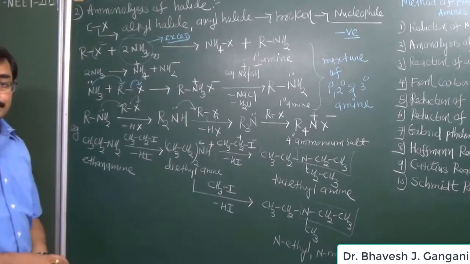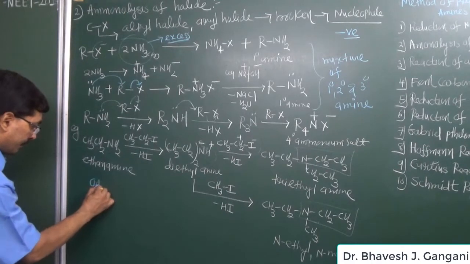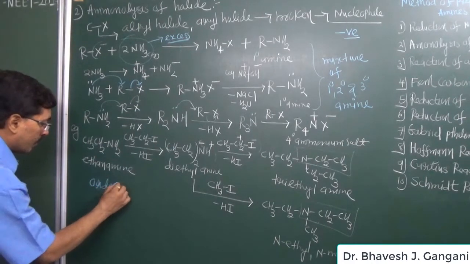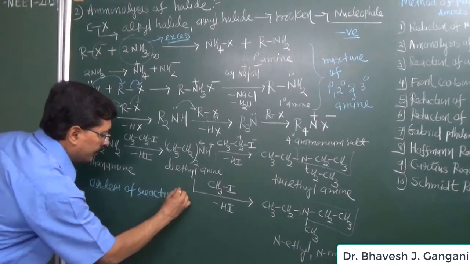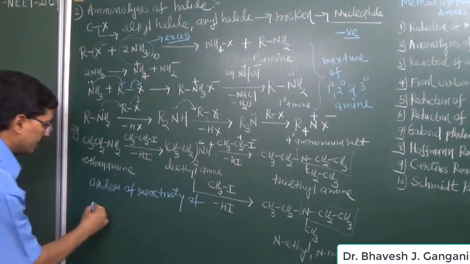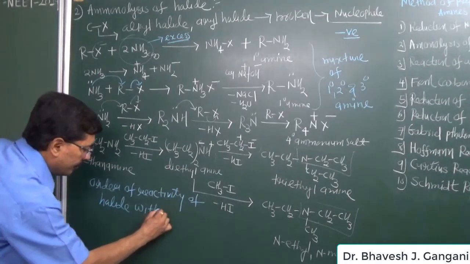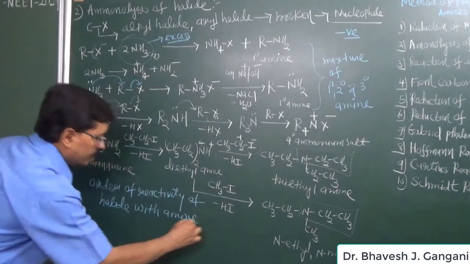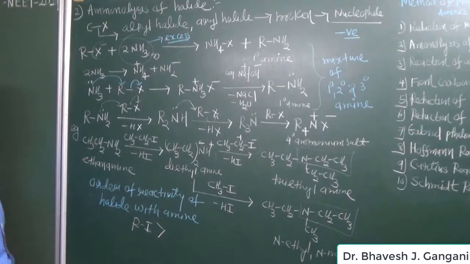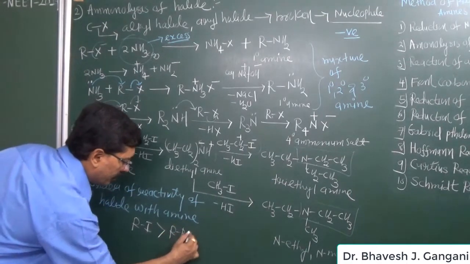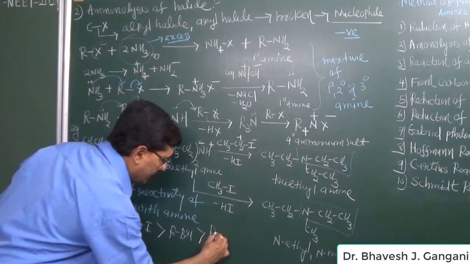We can say this is the order of reactivity of halide with amine: alkyl iodide can easily substitute hydrogen as compared to alkyl bromide, and alkyl bromide can easily substitute as compared to alkyl chloride.